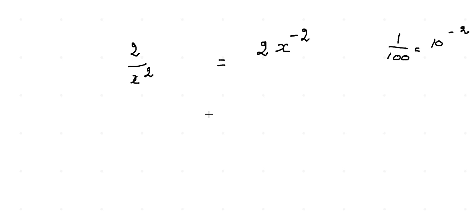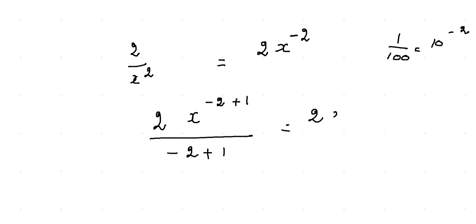And once it becomes 2x to the power of minus 2, then you can use the exact formula that you use for k x to the power of n, which is basically 2x to the power of n plus 1, which is minus 2 plus 1, divided by minus 2 plus 1, correct? And that is equal to 2x to the power of minus 1 divided by minus 1.